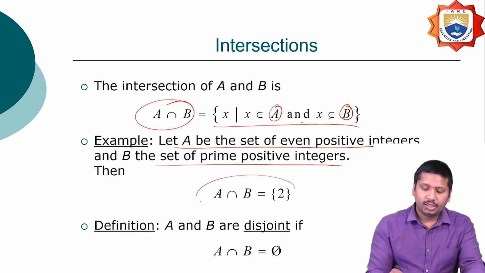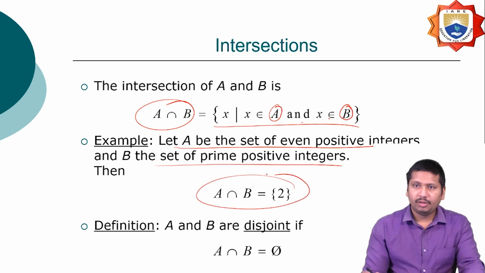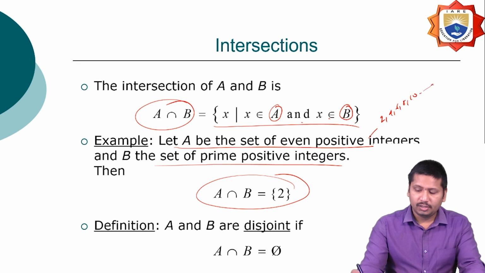What is A intersection B? Even positive integers are 2, 4, 6, 8, 10, and so on, and prime numbers are 2, 3, 5, 7, and so on. The only common element is 2, so A intersection B is 2.